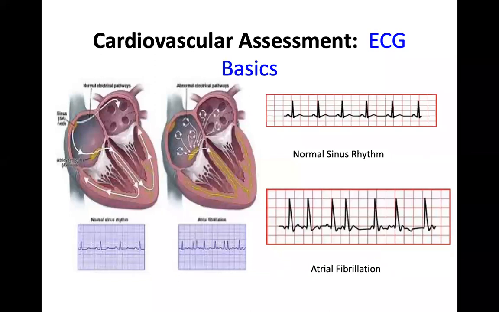The other problem with atrial fibrillation is if it's chronic, the atria is not contracting. And if the atria doesn't contract, it holds on to some of the blood because it's not getting out, and it pools. And they can throw a clot out of that pooling blood and actually have a stroke.